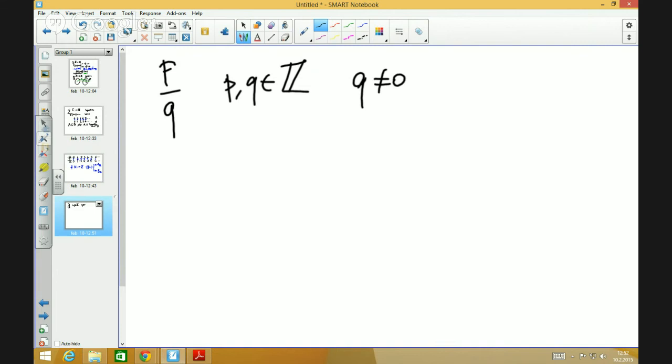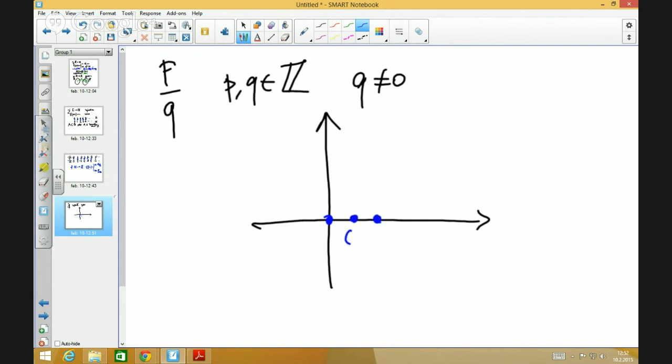But anyway, let's look at pairs of integers. What are pairs of integers? Well, we can represent them as points in this beautiful Cartesian plane, which you're all familiar with since you were born, essentially. This is the point 0, 0. This one is the point 1, 0. This one is the point 2, 0.